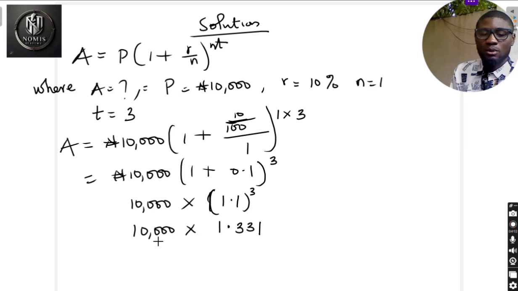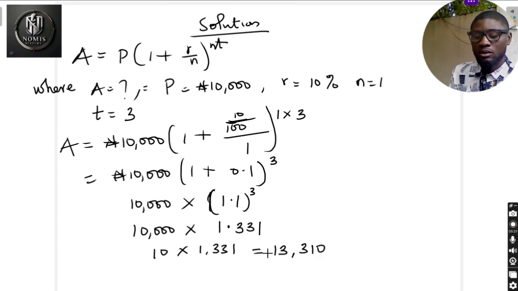By the time you multiply 10,000 by 1.331, you have 3 zeros here. These zeros can move the decimal point 3 times to the side, such that this becomes 10 multiplied by 1,331. By the time you multiply, we have 13,310 as the total amount.